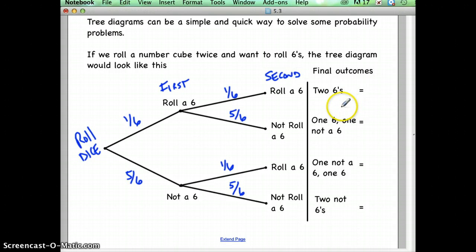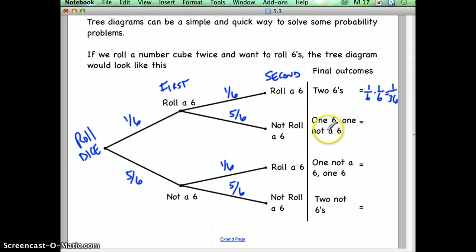Okay, so here's some of our final outcomes. The probability of rolling 2 6s, so a 6 on the first and a 6 on the second, you just go along that tree branch and you multiply both of those values. So it would be 1/6 times 1/6, or it would be 1/36.